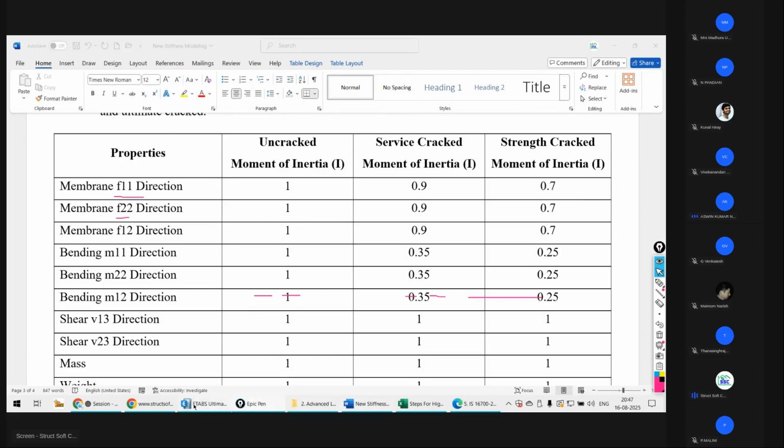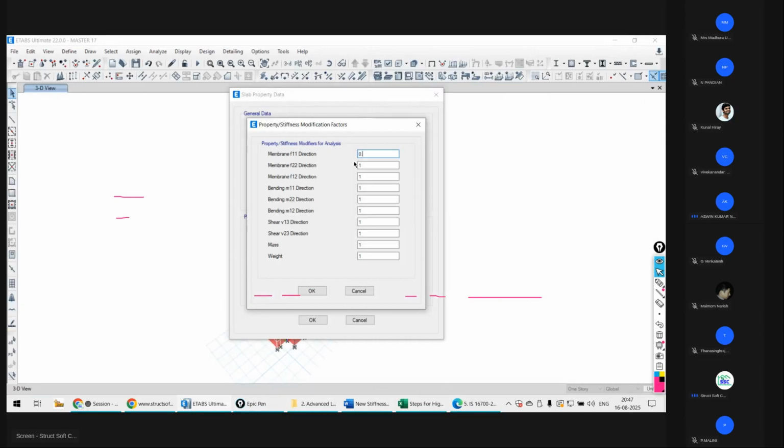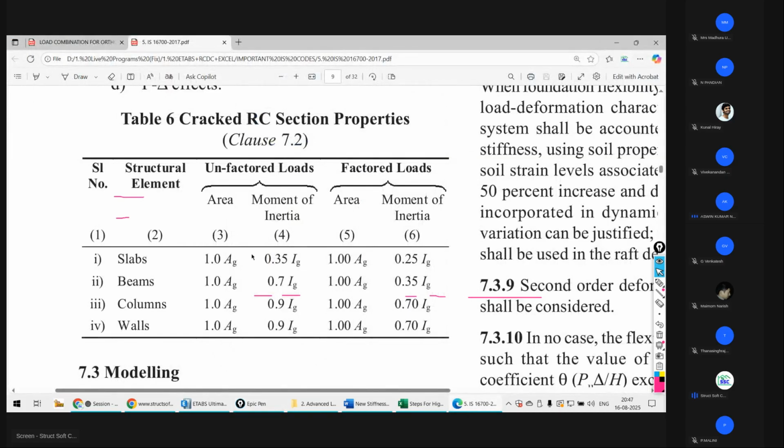So for the case of slab, I am going to define it as 90% consideration. Out of plane stiffness, for the case of slab is going to behave as a flexural member, so we utilize it, but we will not use 90% because it has very small depth, it already has very small depth. So for the case of the slab it should be what? 0.35 for the out of plane direction.